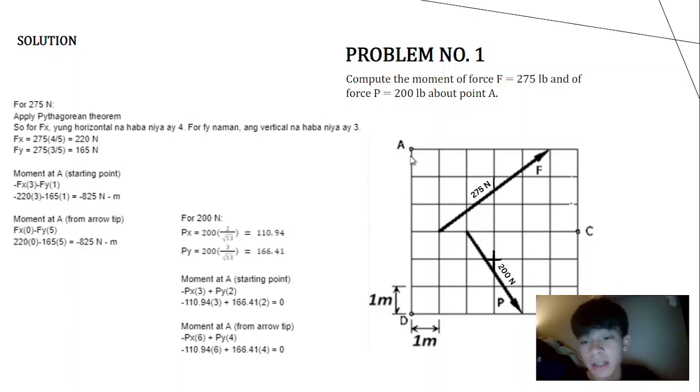So, mangyayari clockwise siya, positive siya. So, nakuha natin yung values na gagamitin natin. So, negative 110.94 times 3 plus 166.41 times 2 is equals to 0. So, dito naman sa moment at A, from arrow tip, yun lang din yung gagawin. Makukuha natin ang value dyan ay 0.